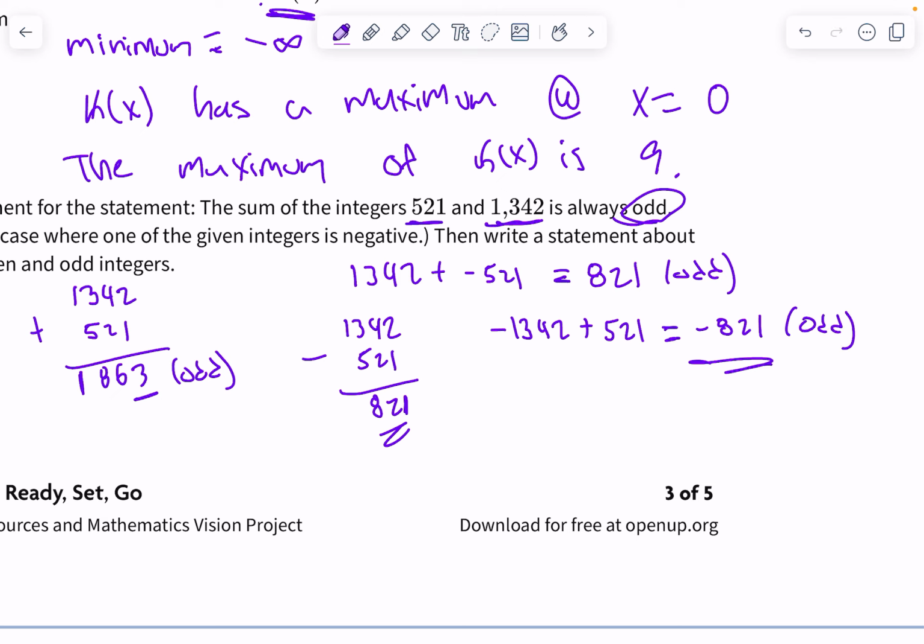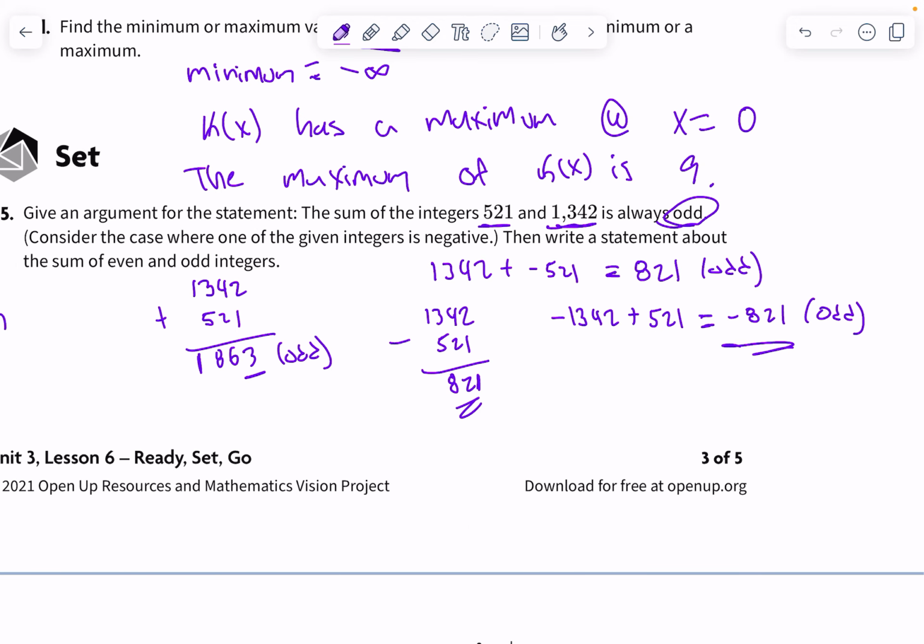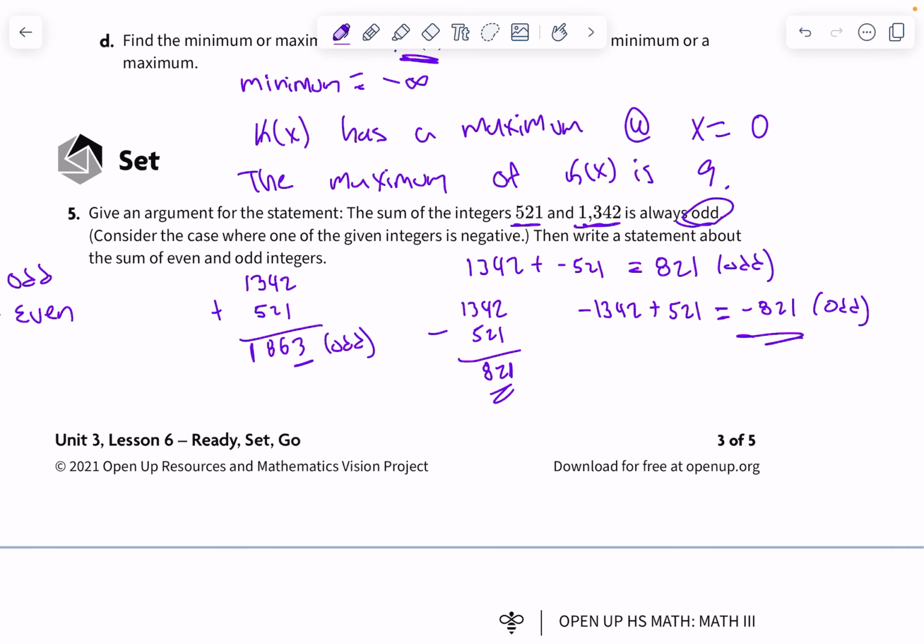So what can you think about that? What numbers determine if this is odd? The 1 and the 2, right?